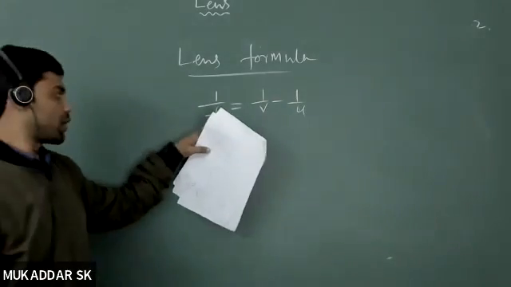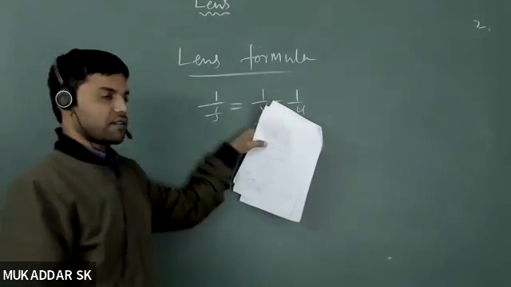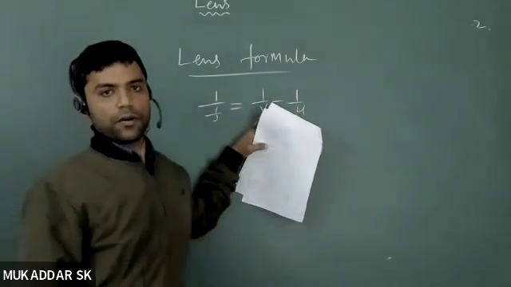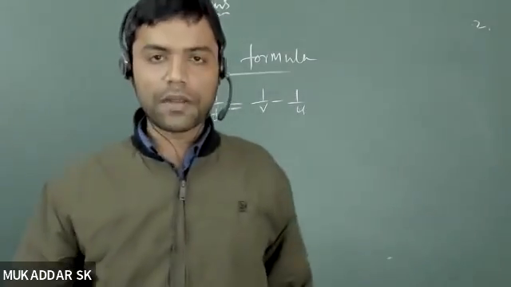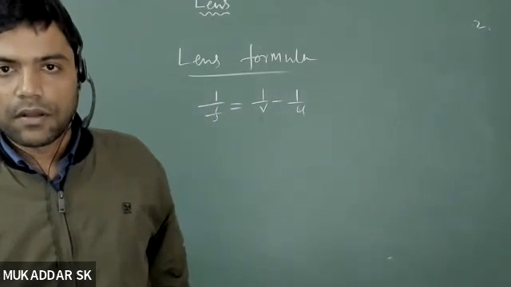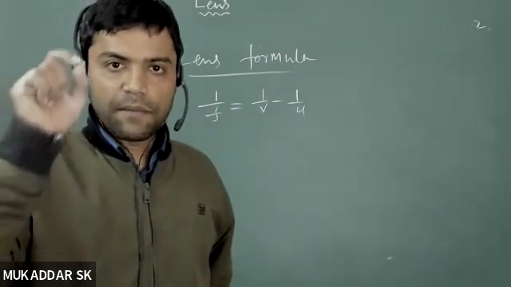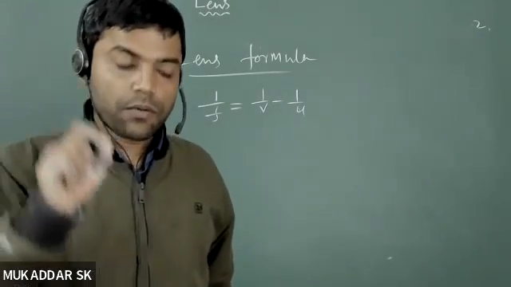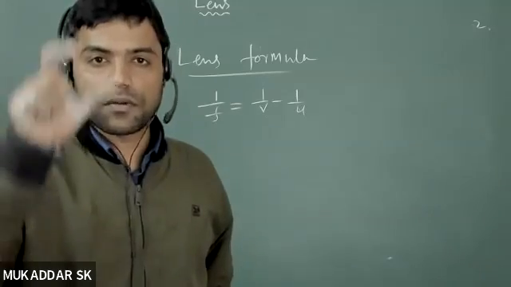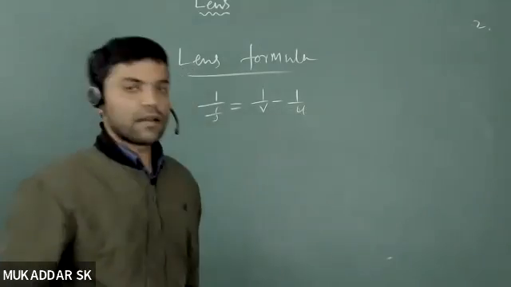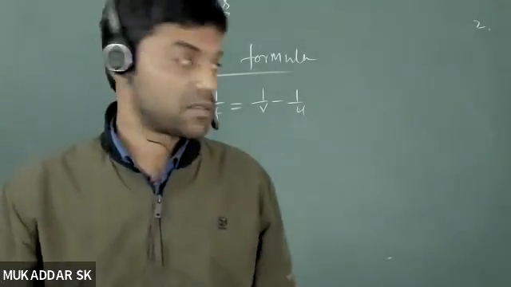And f is the focal length of your lens, v is the distance of image point from optical center. You know optical center, right? For 90% case, that is the center of your lens. And u is nothing but the distance of point object from optical center.